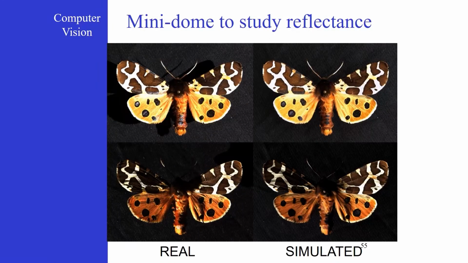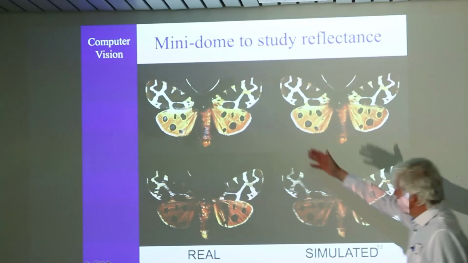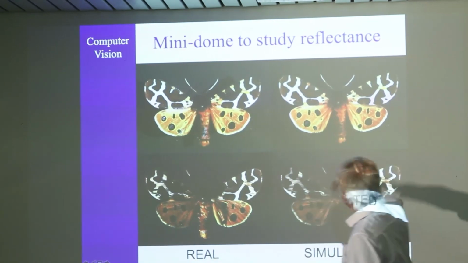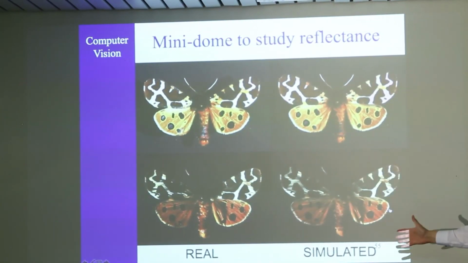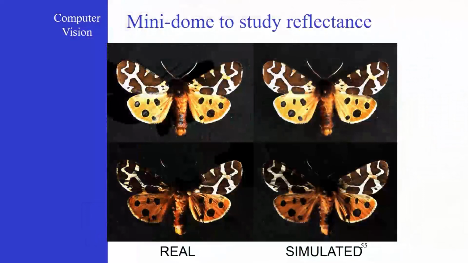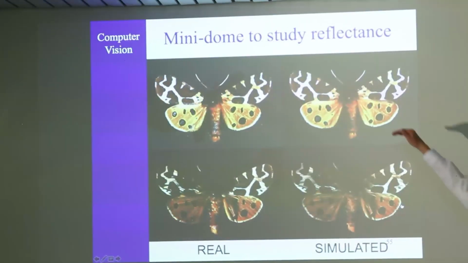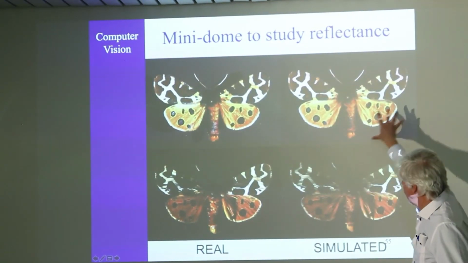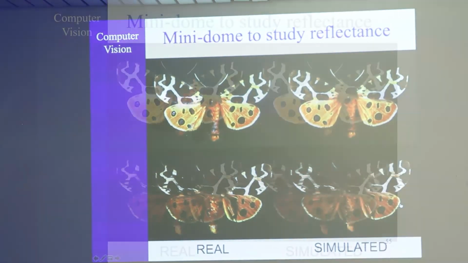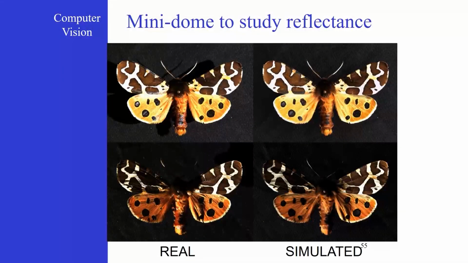Here a summary. So this is reality and this is the simulated version as comes out from the mathematical model of the surface reflectance characteristics. For different directions of illumination, between the two rows, different illuminations here and here, and you see that the model captures the reality pretty well.